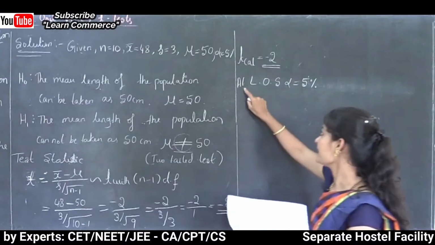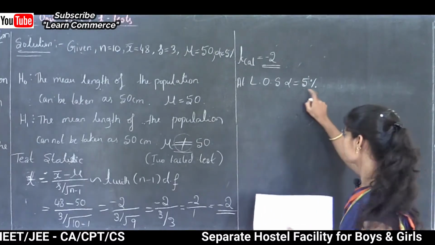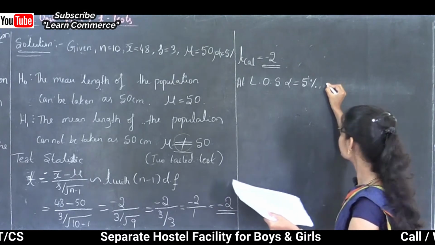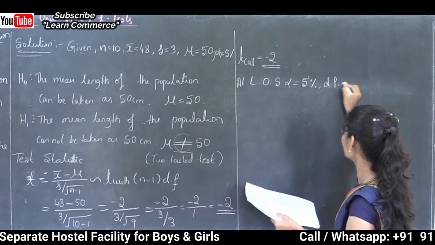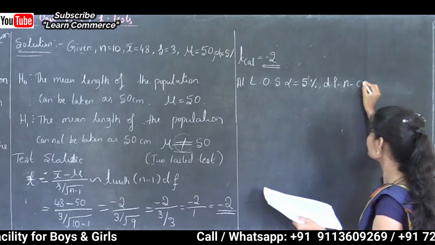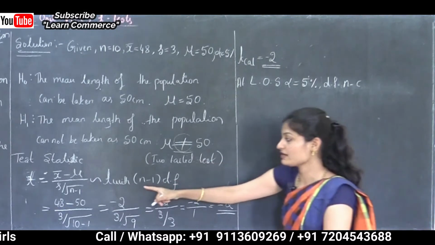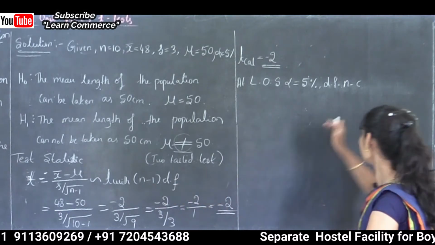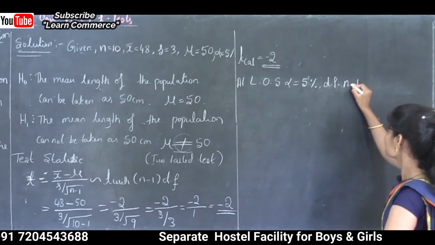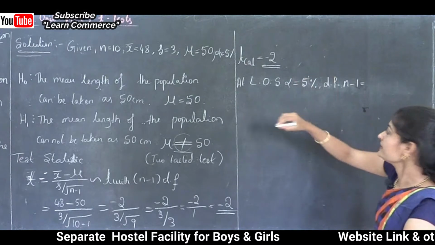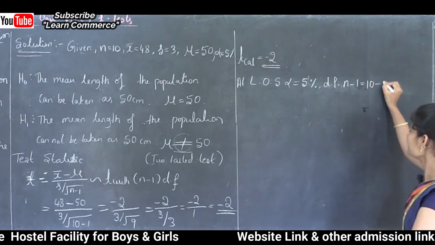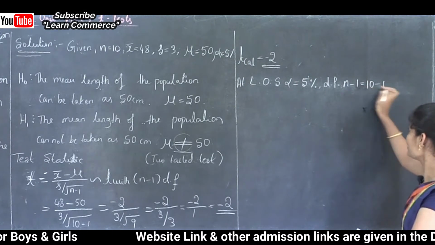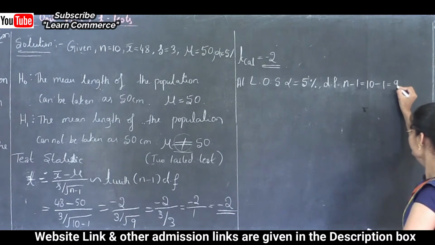Now, here the level of significance alpha is 5%. What is the degrees of freedom formula? That is n minus c. In the formula given in step 3, it is n minus 1, where c is 1. So n is 10, and 10 minus 1 is 9.